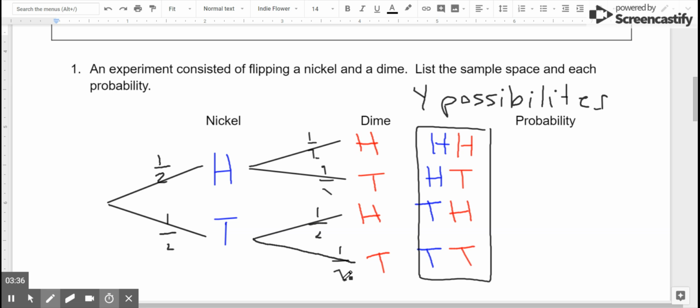Therefore, the probabilities for our compound probability are all equal as well. So the probability of heads and then heads is 1 out of the 4 possibilities, which is the same as 0.25.